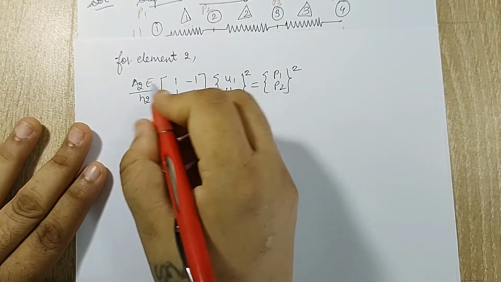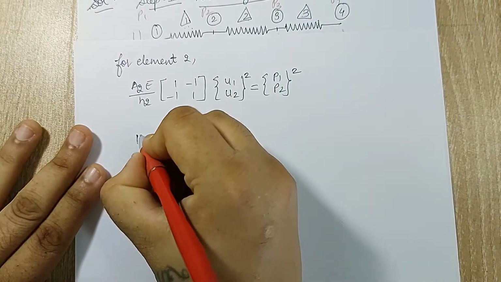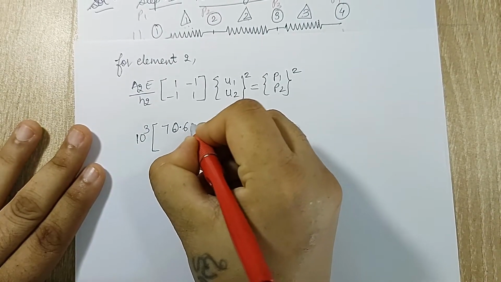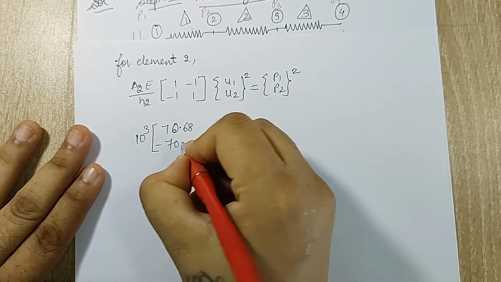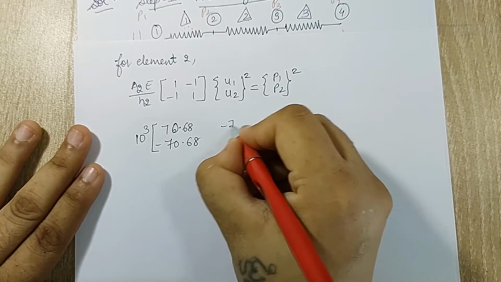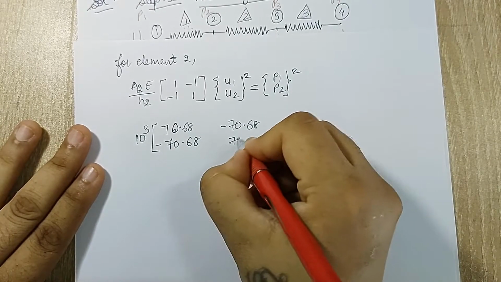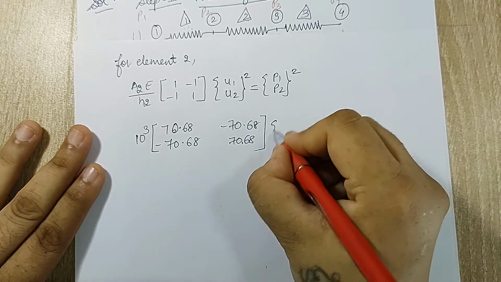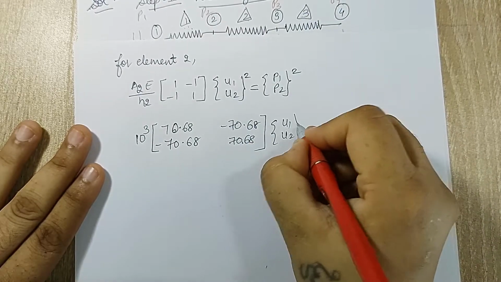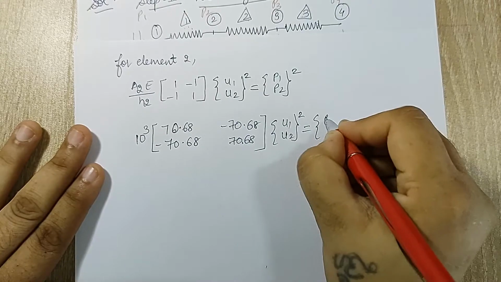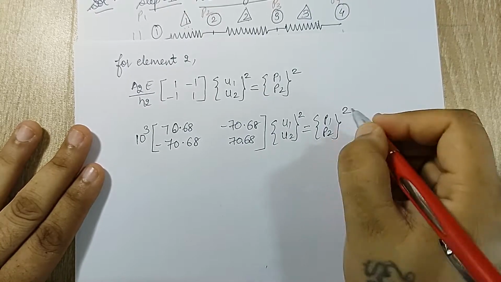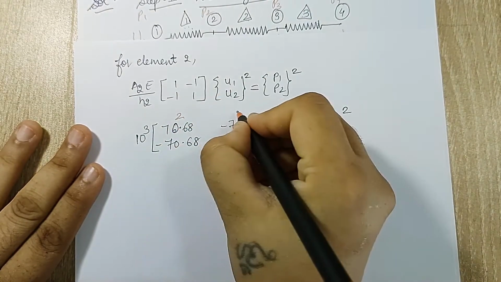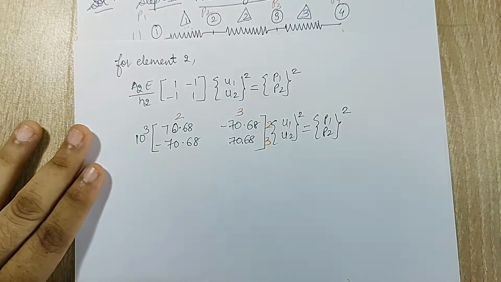When I substitute all the values and I calculate, I get this value as 10 raised to 3 common, 70.68, minus 70.68. These are the values. Then I get u1 u2 raised to 2 is equal to p1 p2 raised to 2. Again I'll mark element 2 is between node 2 and 3. So 2 3 and 2 3.